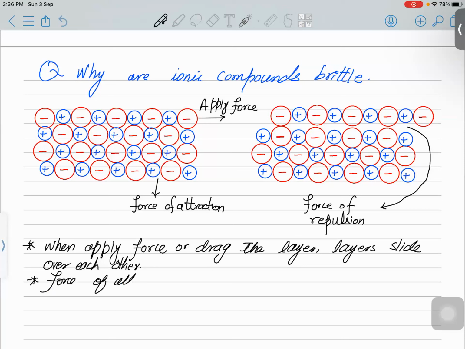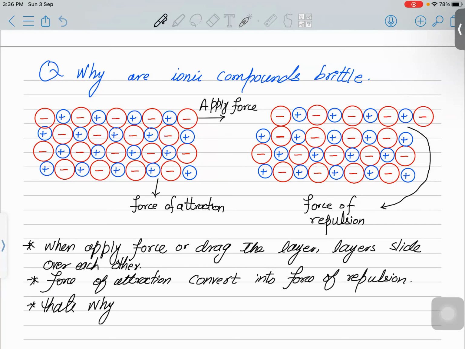Force of attraction converts into force of repulsion. That's why ionic compounds are brittle. Are you getting my point or not? Yes, sir. This is your first property.